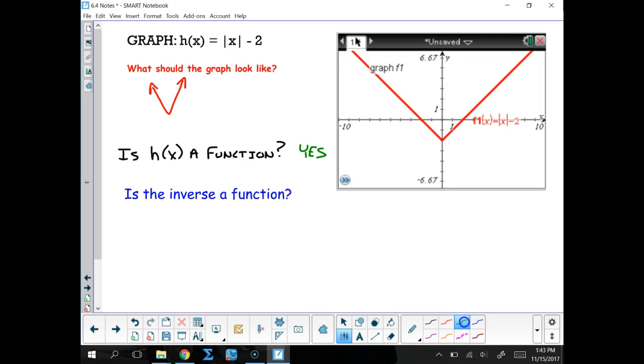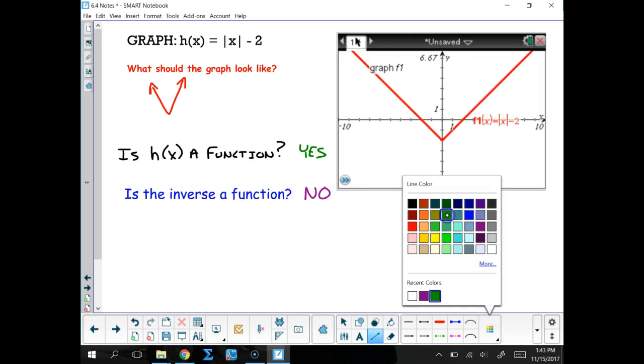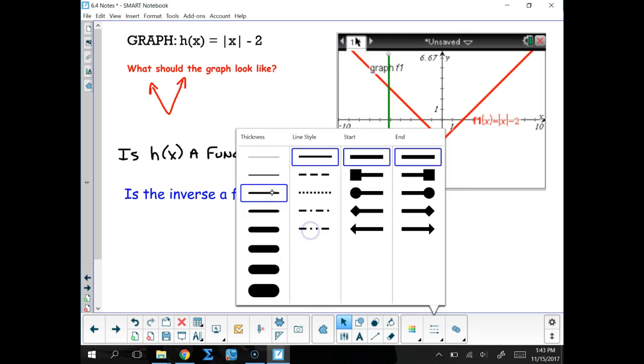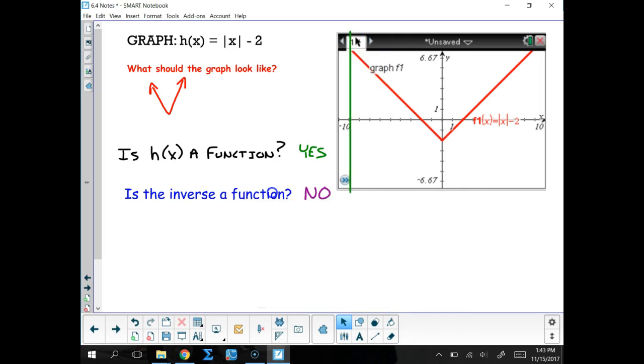Is the inverse a function? H is a function because of the vertical line test. It only ever touches in one spot.